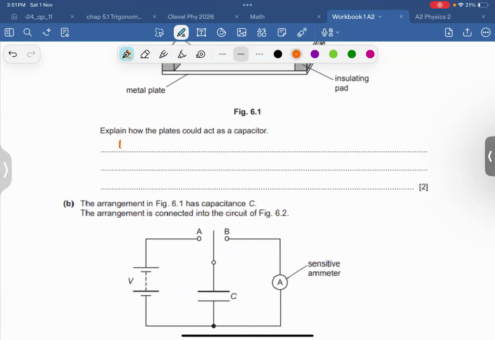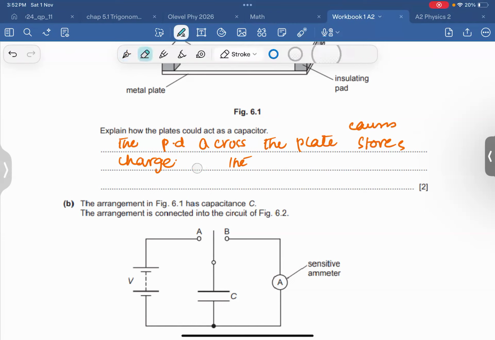Okay, the PD across the plates causes them to store charge.